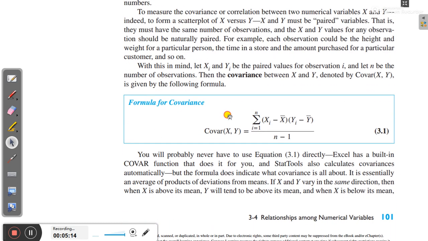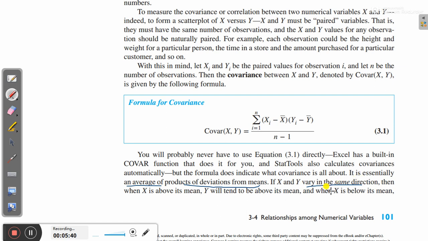You can see it is essentially an average of products of deviations from the means, meaning how the values deviate from the mean. Try to put some focus on this.